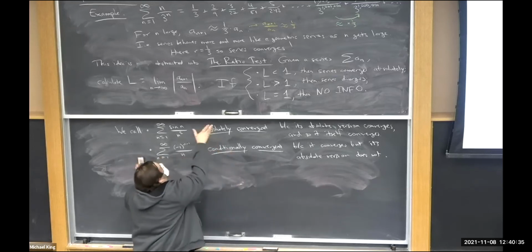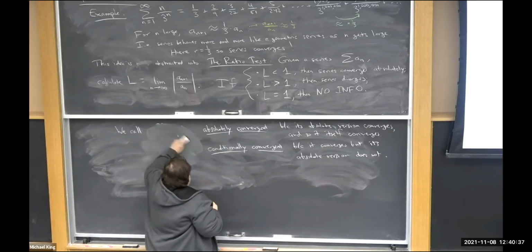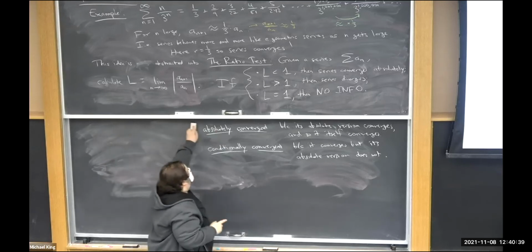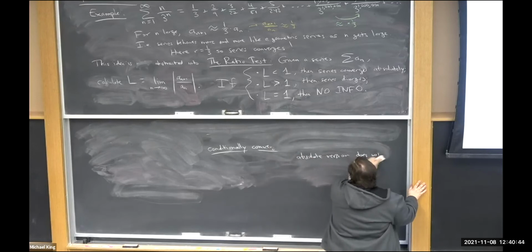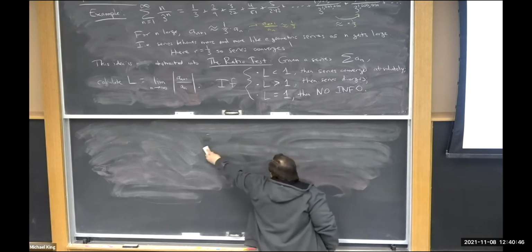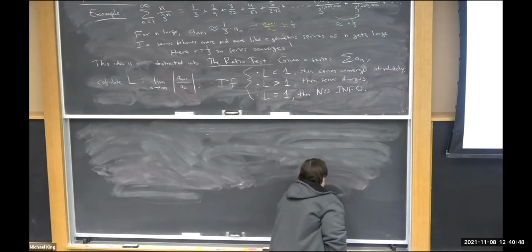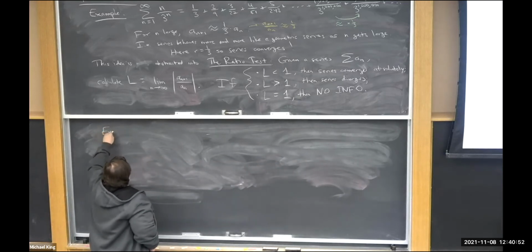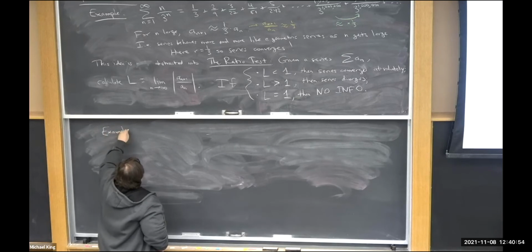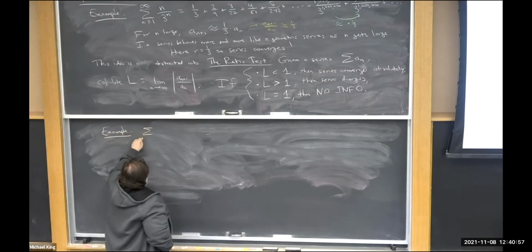I gave that argument up at the top as a not completely rigorous, informal argument, but let's just hit it with the ratio test. So example, let's just do this example again.